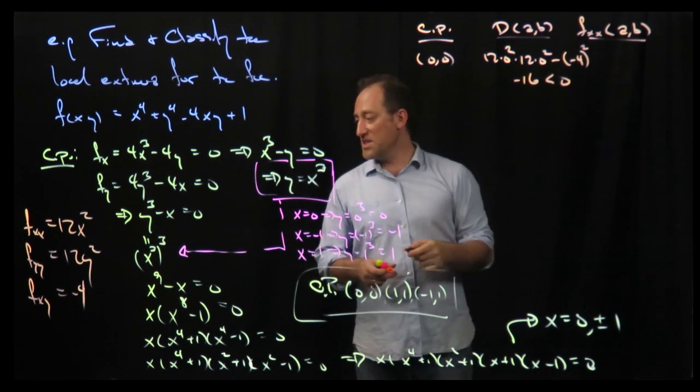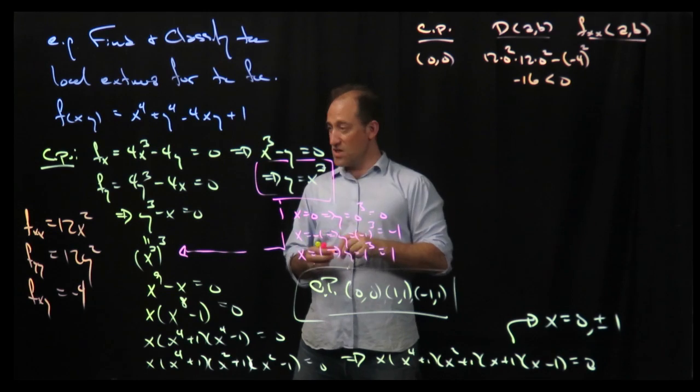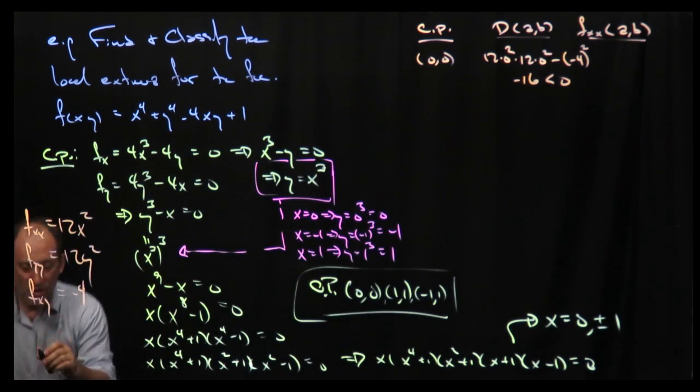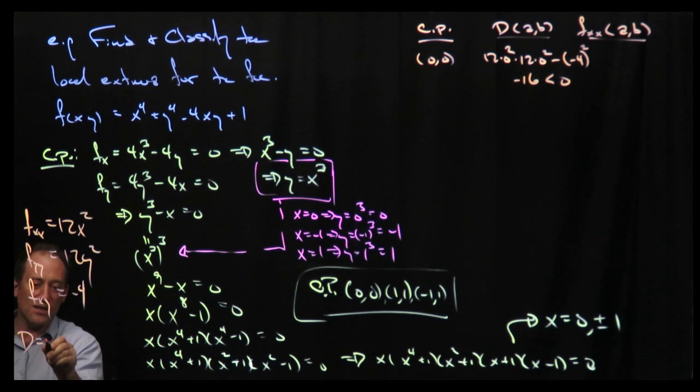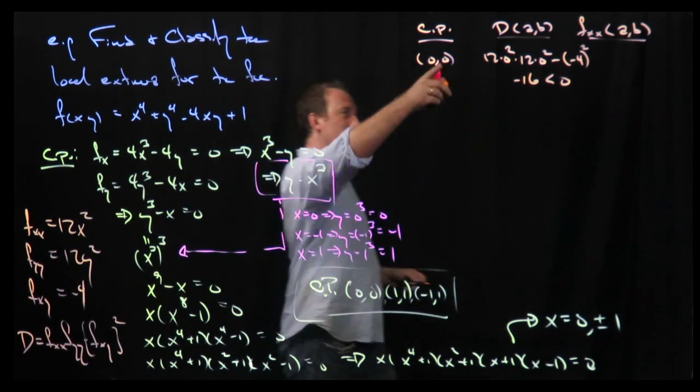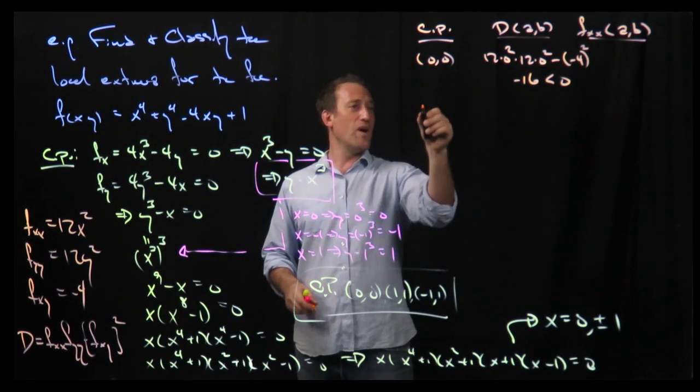That will be a saddle. Remember, D is fxx times fyy minus fxy squared evaluated at the appropriate critical point.